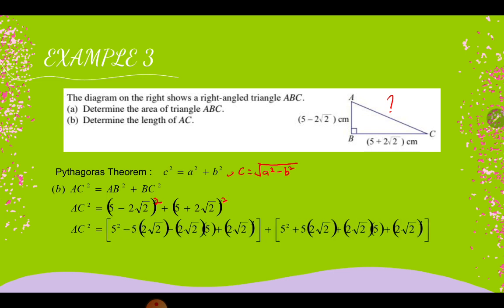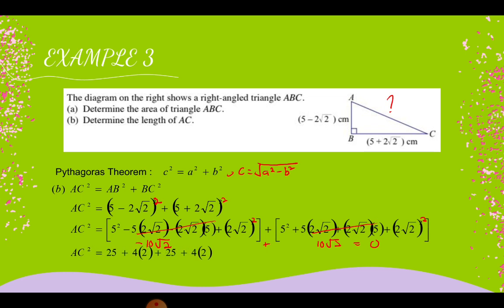When we expand, this one is negative 10 square root 2, whereas this one is 10 square root 2. Negative 10 surd 2 plus 10 surd 2 will give us 0. Because after we expand and add up all, this part is equal to 0.